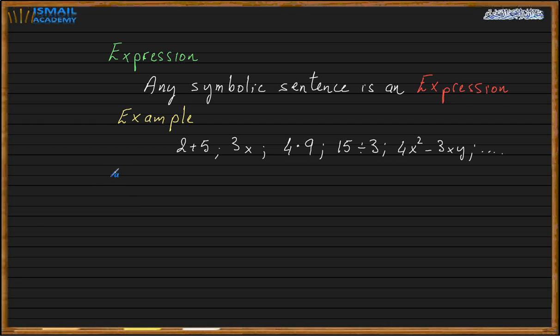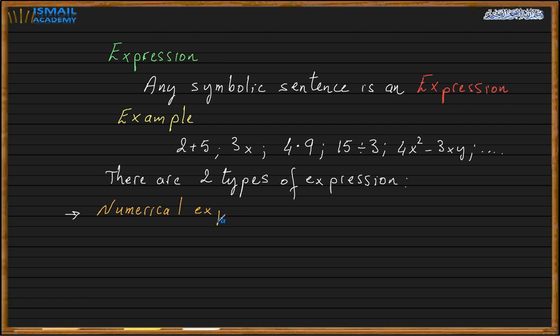And there are two types of expressions. The first type is called a numerical expression, which is an expression composed of numbers and operators.